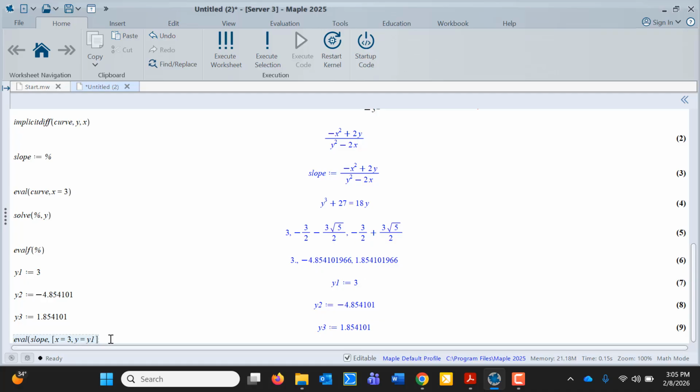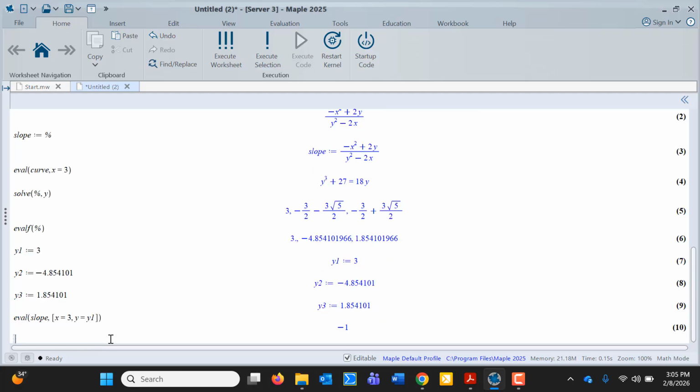So close the brackets after that y1, close the parentheses. Here's the first slope. So what this represents is the slope of the tangent line at 3 comma 3 for that y value, and the slope is negative 1.